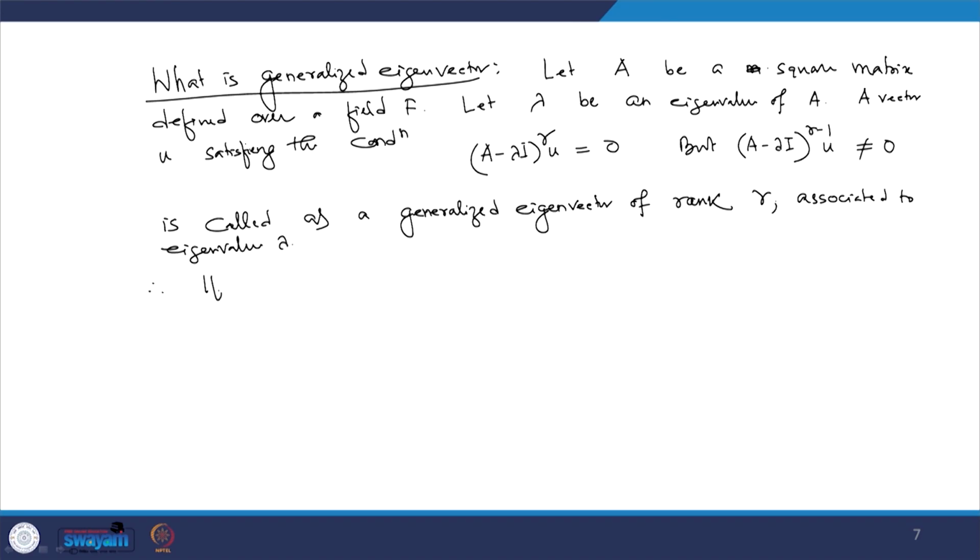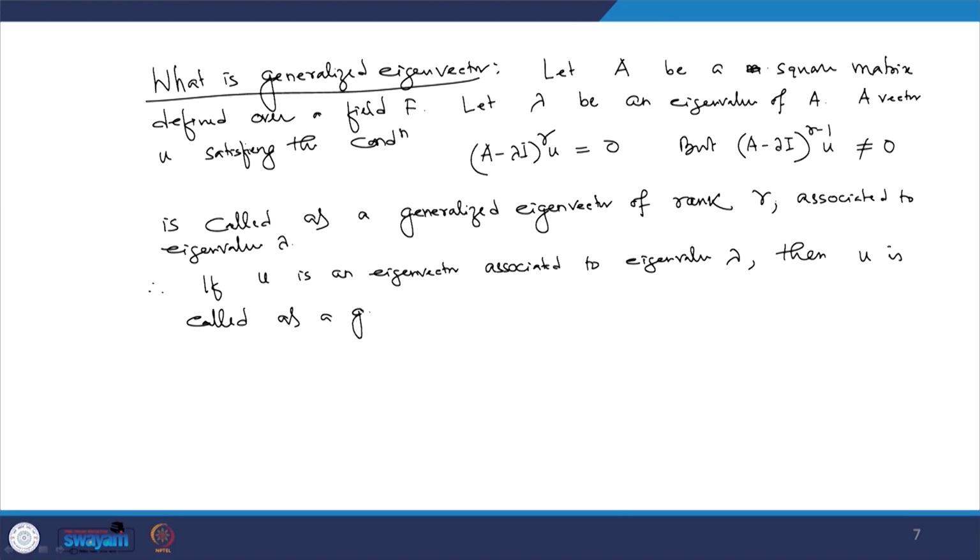So if U is an eigenvector associated to eigenvalue lambda, then U is called a generalized eigenvector of rank 1.